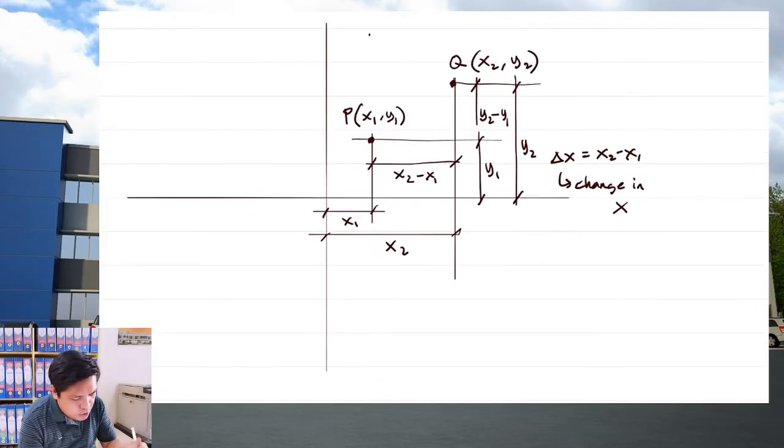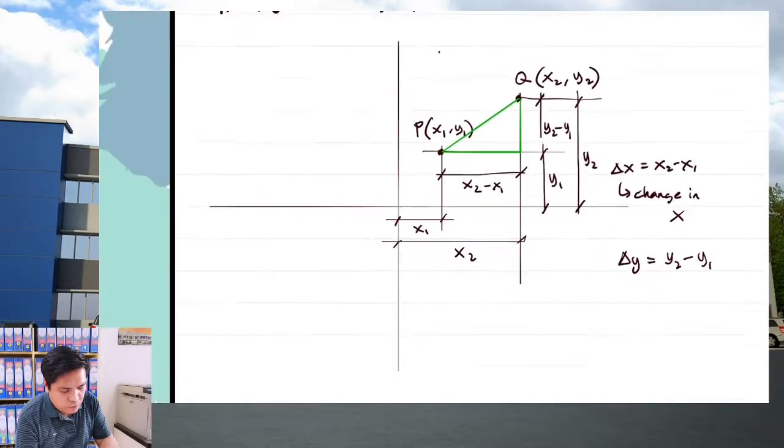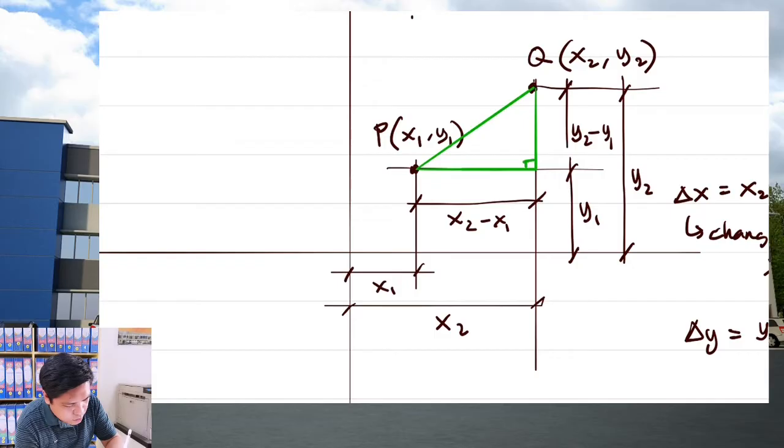So the change in y, or delta y, is y2 minus y1. Now, if we connect the two points, P and Q, and highlight this side and this side, we have actually formed a right triangle, wherein this side is the change in x, and this side is the change in y.